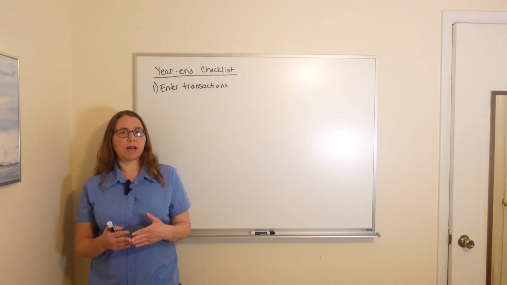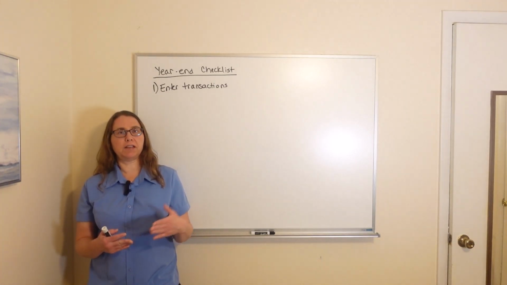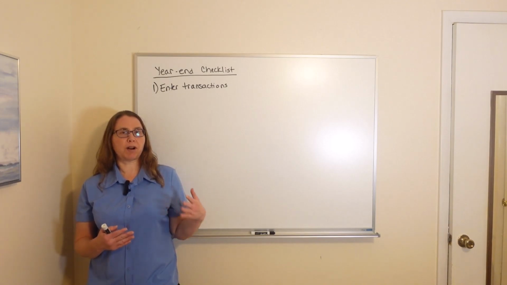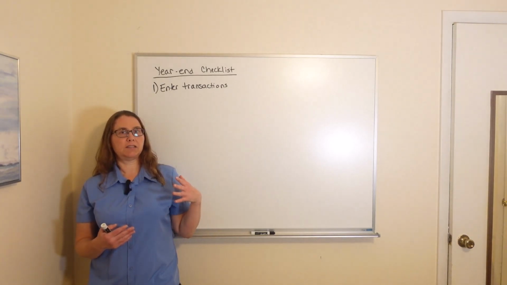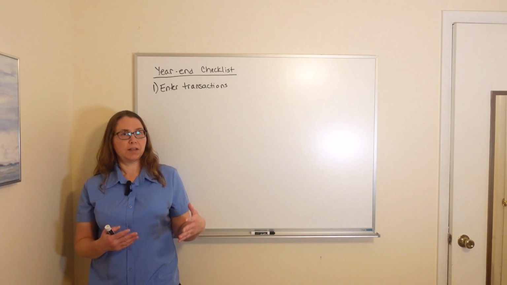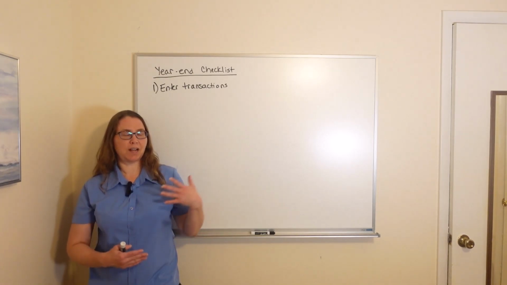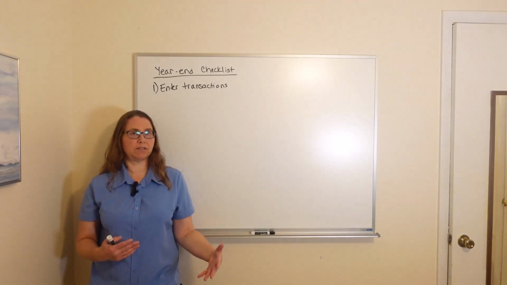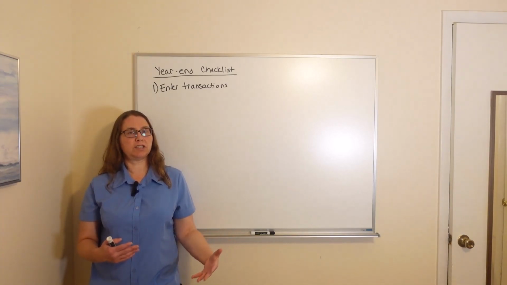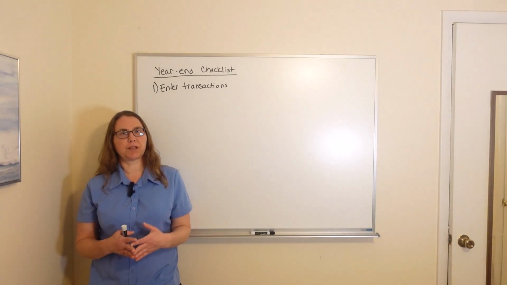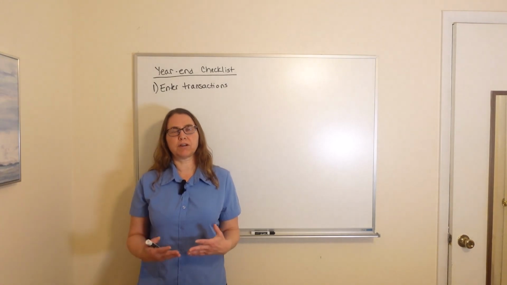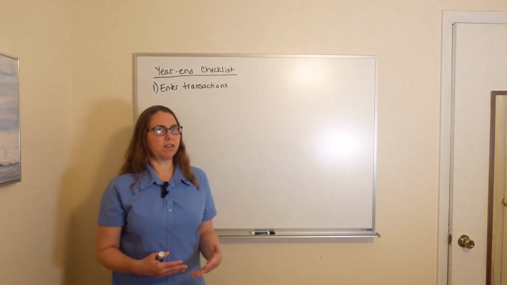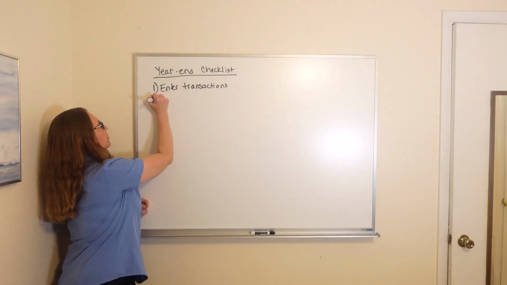But sometimes you will have undeposited funds at year end if you use a payment processing system and you process a payment at the very end of the year, but it doesn't actually deposit in your bank account until the beginning of the next year. That happens sometimes, and that's okay. But I just like to give it a quick overview and make sure everything looks okay in that account.